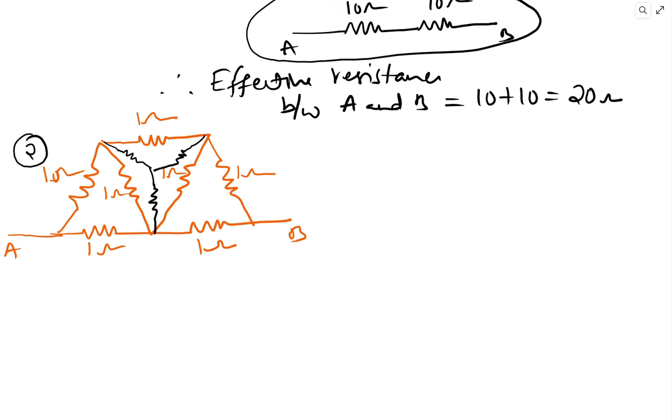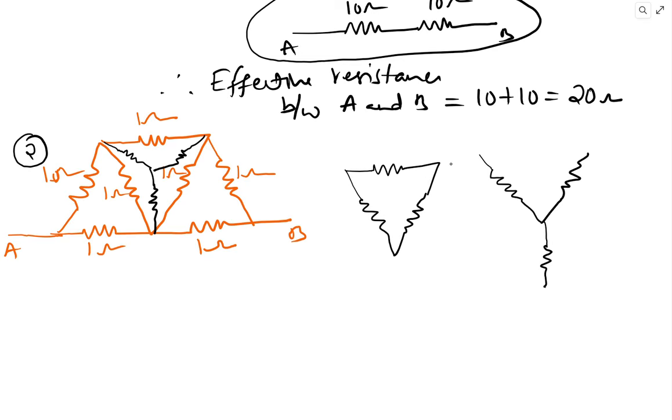That means what is the situation here? We are having the situation like this. Okay, and we are going to convert like this. Now you know, whatever it may be, the same thing you are going to get here.